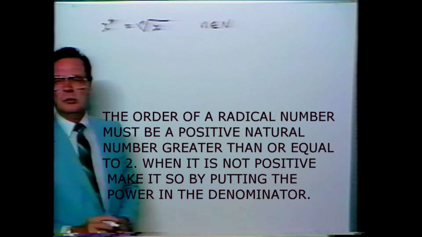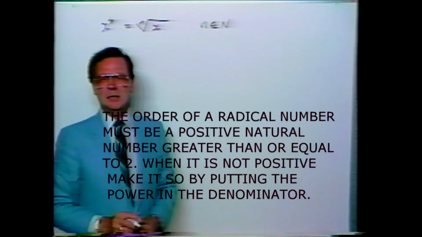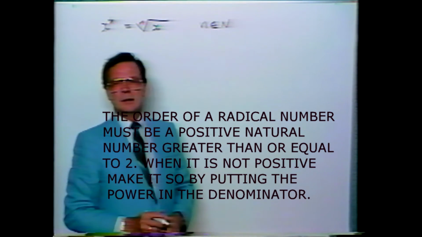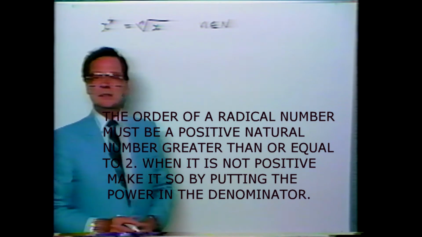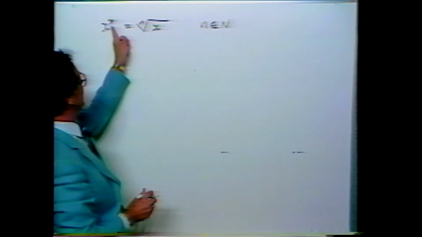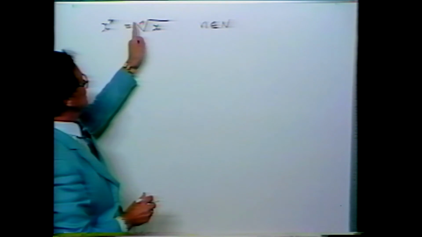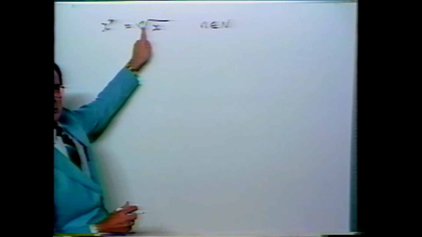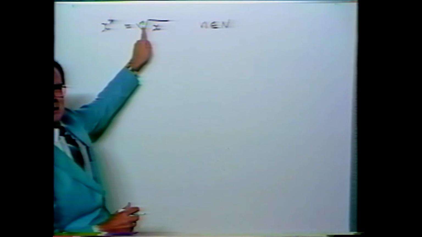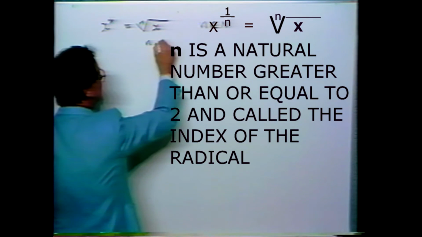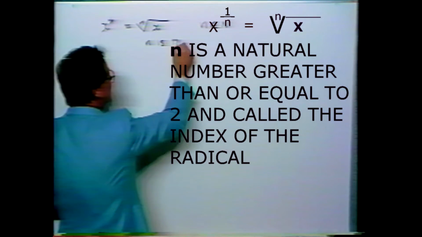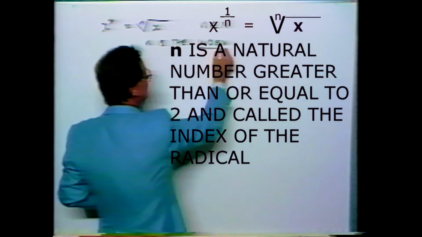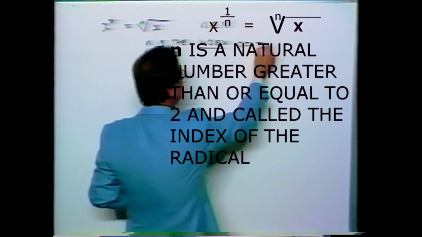By emphasizing the word strictly here, we mean that it can only be a natural number and none others. Another commonly used name for this denominator n, when it is written within the radical sign as I have here on the right, is the index. n is the index of the radical.